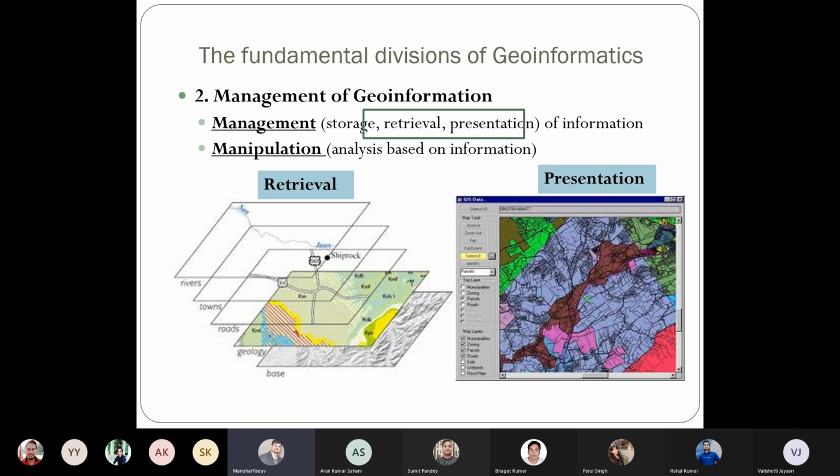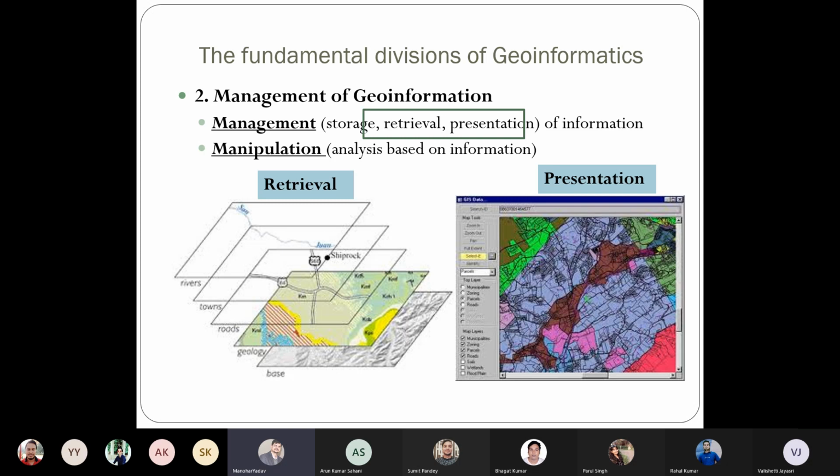Once we collect the data, we store it, and for the application we are going to deal with, we need to process that data and retrieve different object information like road network, buildings, etc. These specific objects need to be identified and retrieved, then they can be presented using a GIS tool.